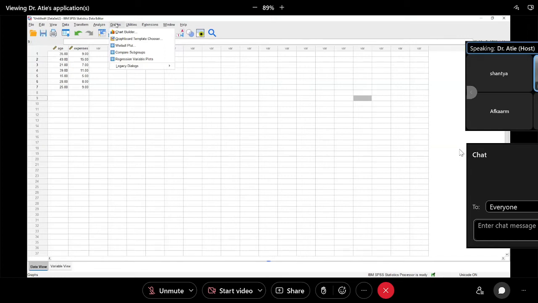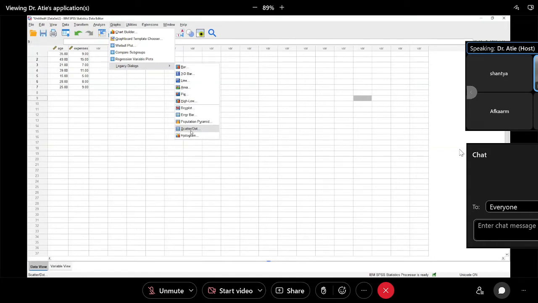Go to graph, and then go to legacy dialogs, okay? And then you will see scatter slash dot, okay? Choose that one. Okay?